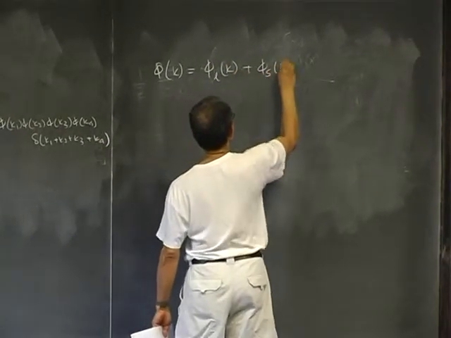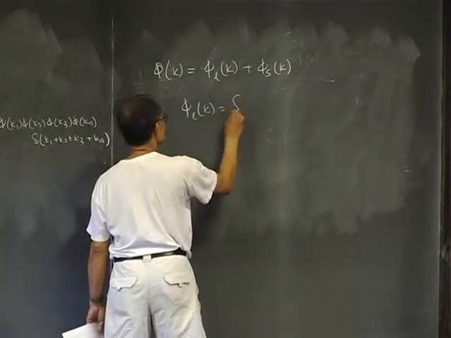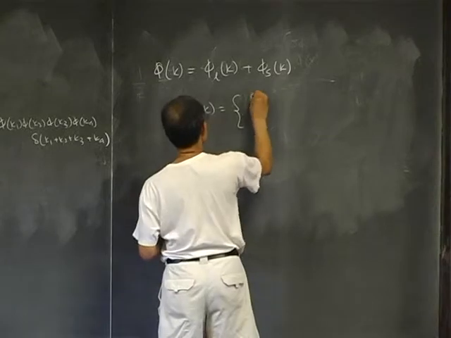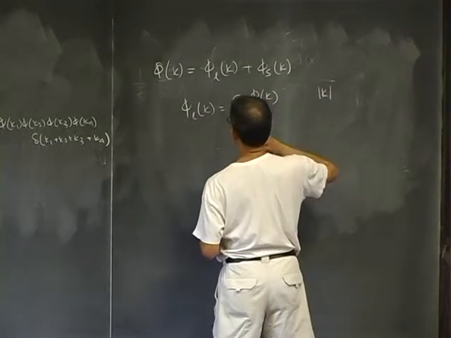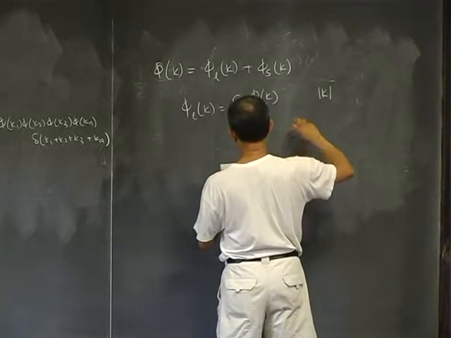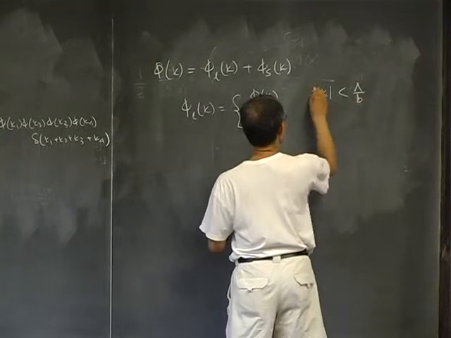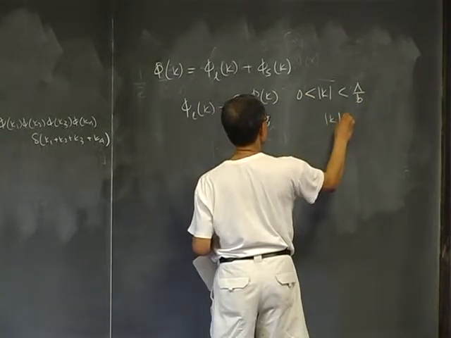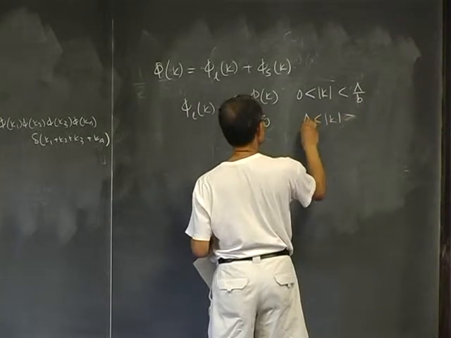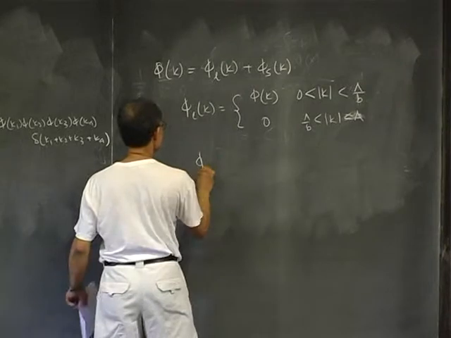where phi L of k is given by phi of k for k below lambda upon b, and 0 otherwise, and phi s of k is the complementary piece.